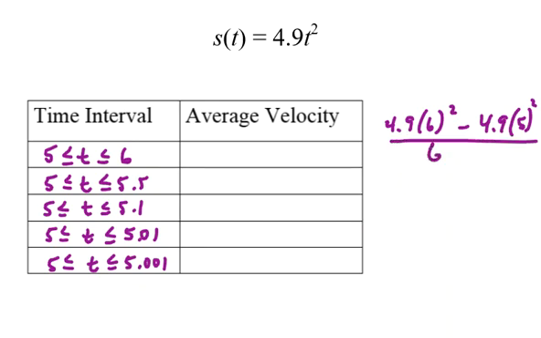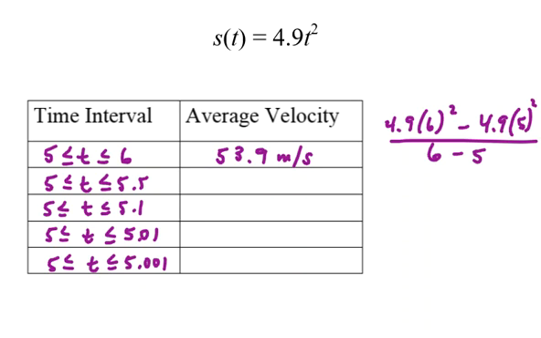And on the bottom, I'm going to have 6 minus 5. Okay, so my average velocity on that one comes out as 53.9 meters per second.